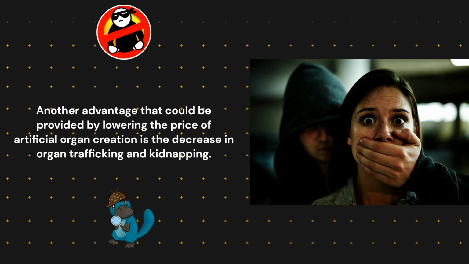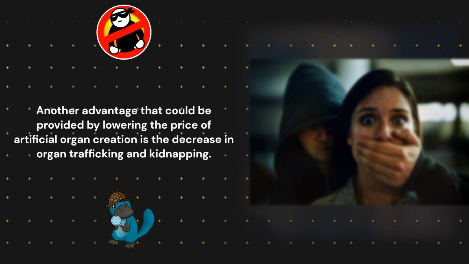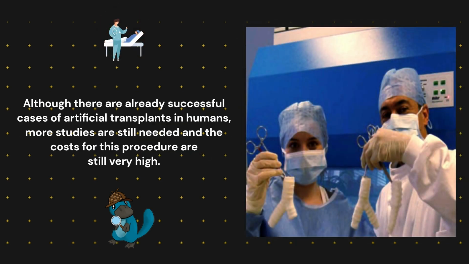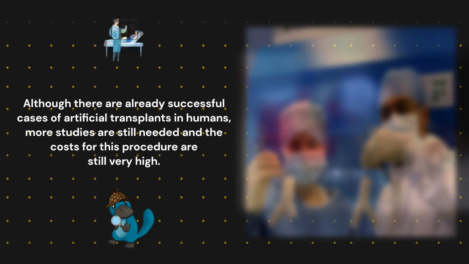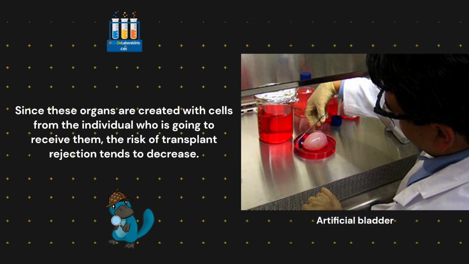Although there are already successful cases of artificial transplants in humans, more studies are still needed and the costs for this procedure are still very high. Since these organs are created with cells from the individual who is going to receive them, the risk of transplant rejection tends to decrease.